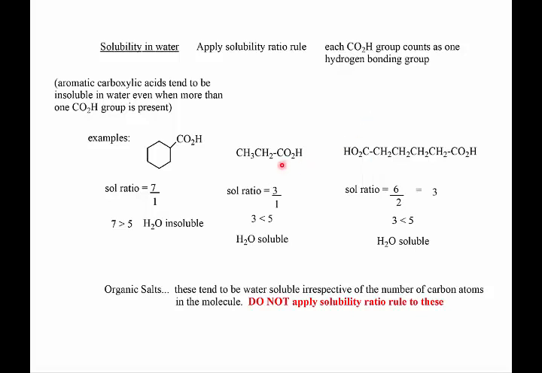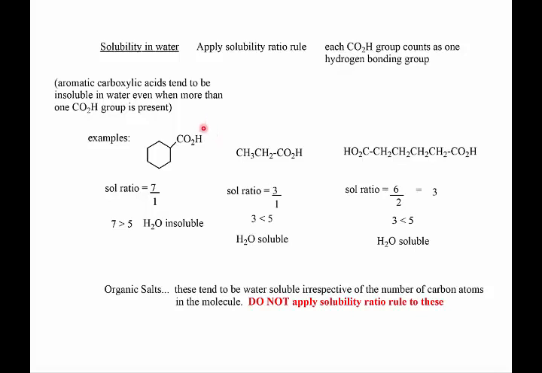And here's the idea. You count the total number of carbons and divide that by the number of hydrogen bonding groups. Now, since our focus here is carboxylic acids and the carboxyl group, I need to explain. I have condensed formulas for the carboxyl groups, but of course there is a C double bond O and an OH. We made the point that it has two sites of hydrogen bonding.